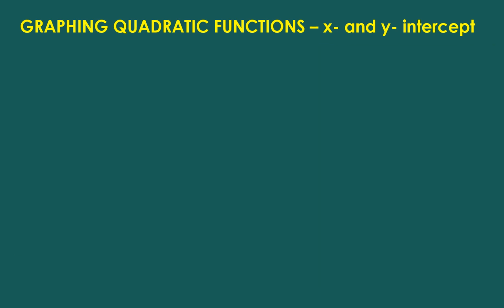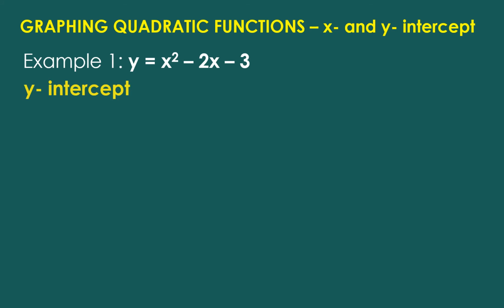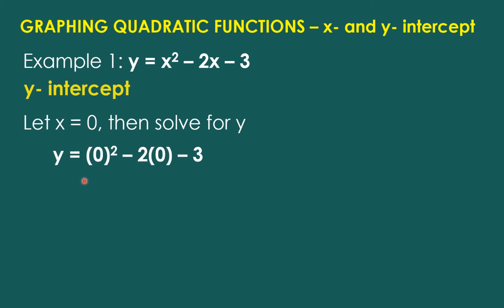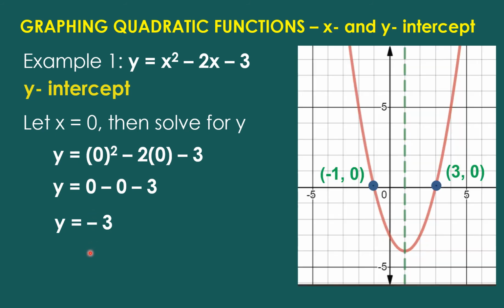Now let us find the y-intercept. Remember, to find the y-intercept, all we have to do is to let x be equal to 0, then solve for y. If x is equal to 0, you'll have 0 squared minus 2 times 0 minus 3. That means y is equal to 0 minus 3, or y is equal to negative 3.